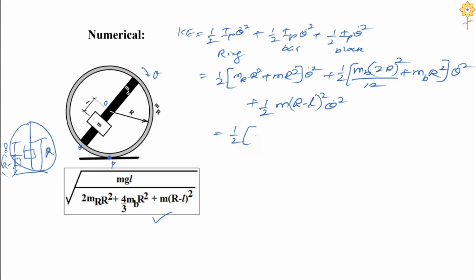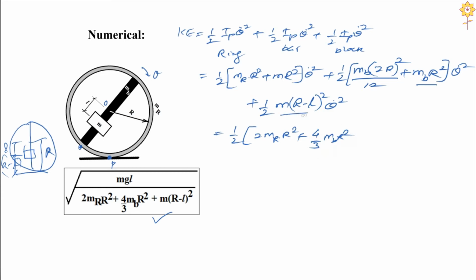So this is 2 times m_r r squared plus m_b r squared, where 4 divided by 12 is 1/3, so 1/3 plus 1 is 4 by 3, m_b r squared, fine.